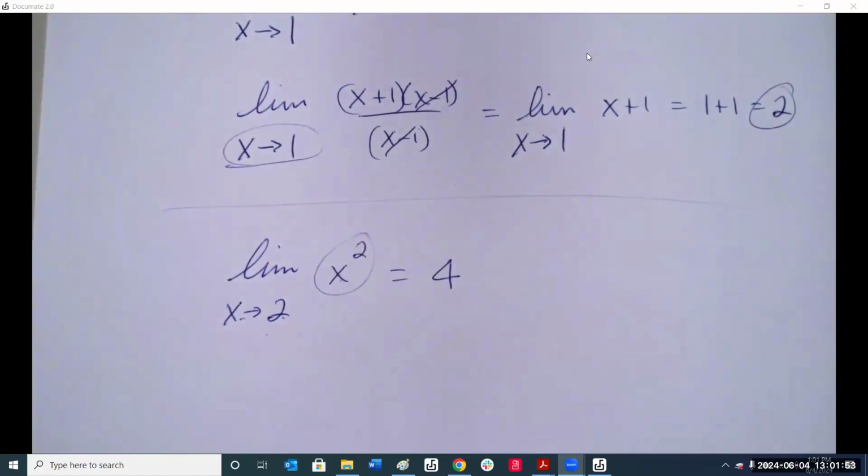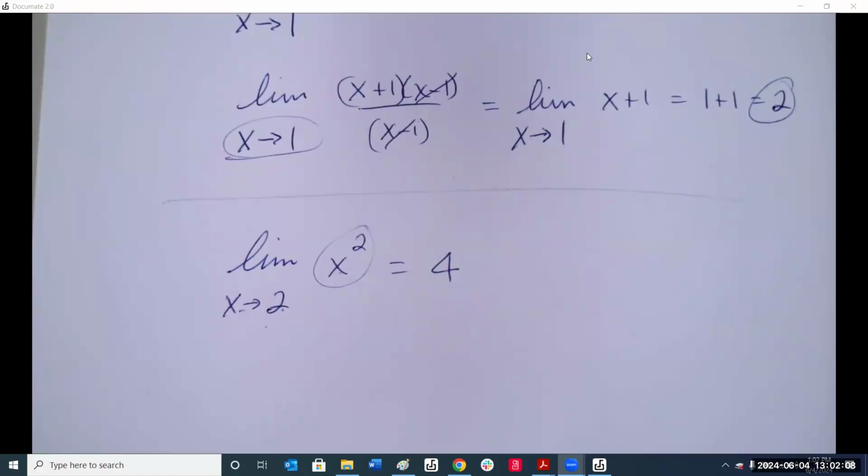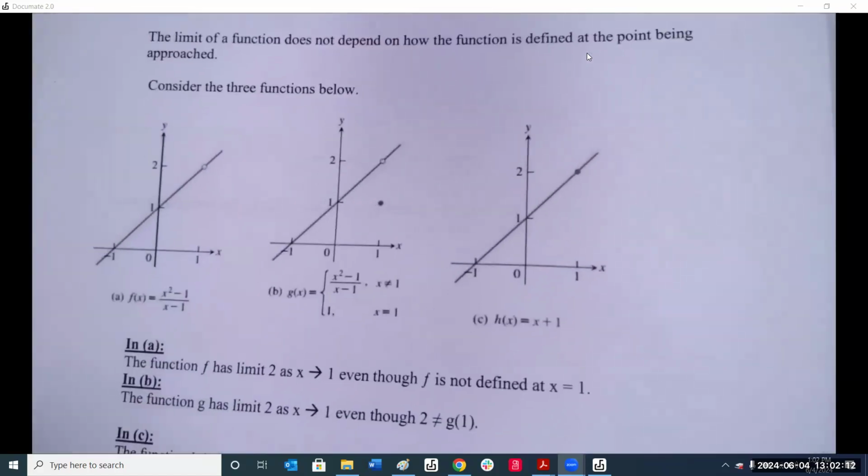So that's the concept that's going to be very hard to understand: the function doesn't have to exist at the point to have a limit value. It just simply has to approach that value. For example, let's look at these.